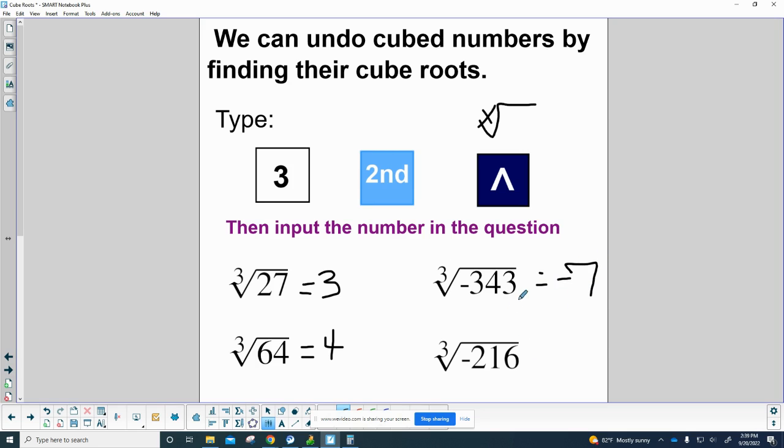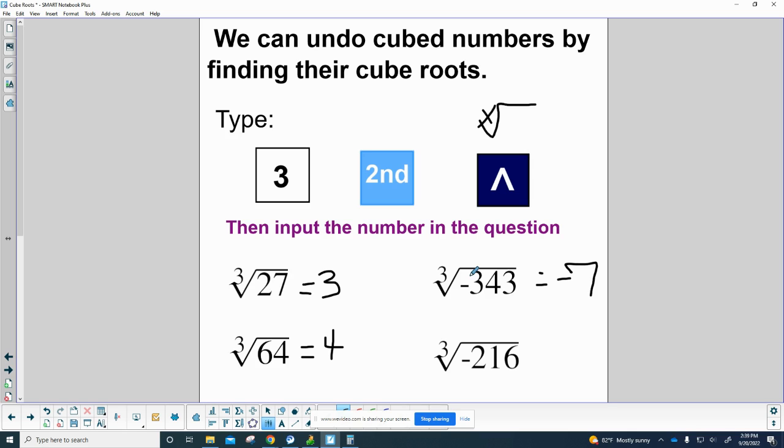Something to keep in mind, this is a cube root, not a square root. When we were doing square roots, you couldn't find the square root of a negative; it was always giving us an error message. But if it's a cube root, it can be negative, because 3 negatives multiplied together gives me a negative answer, right?